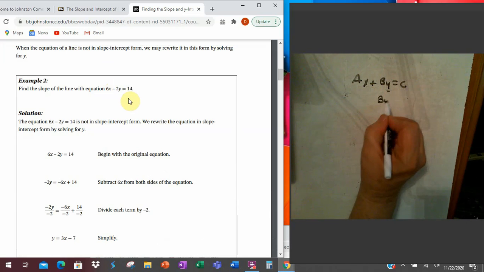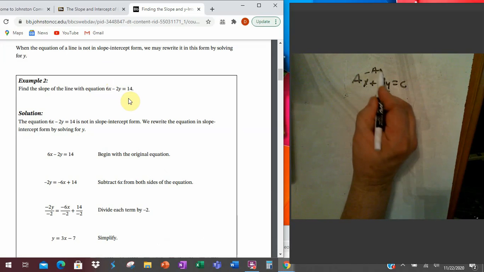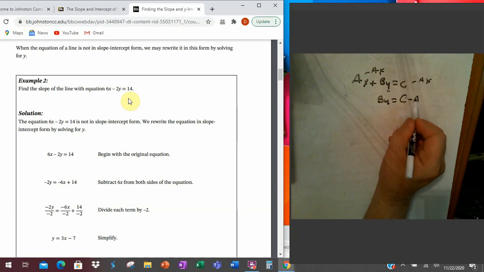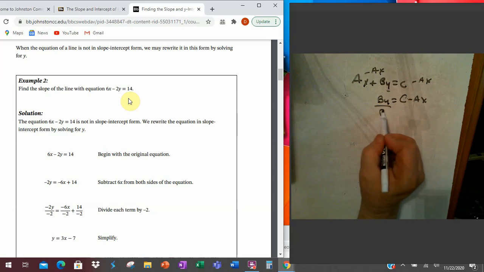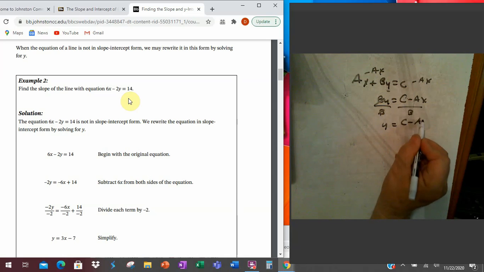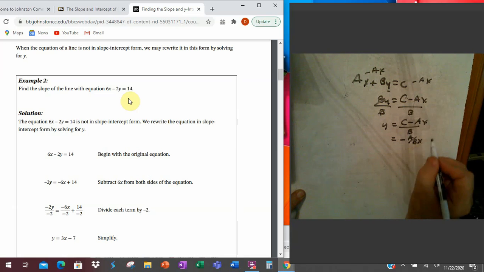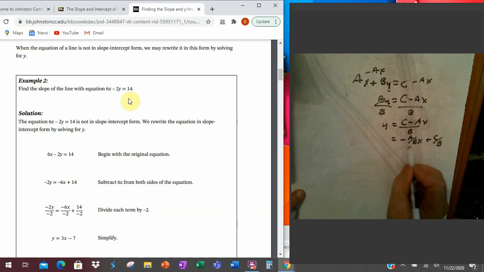If I subtract off ax from both sides, I get by equals c minus ax, and then divide by b. That's the standard algebra way of solving for a value. So y is equal to minus a over b x plus c over b, and this again is my m, this is my b. So that's the form going from here to here.